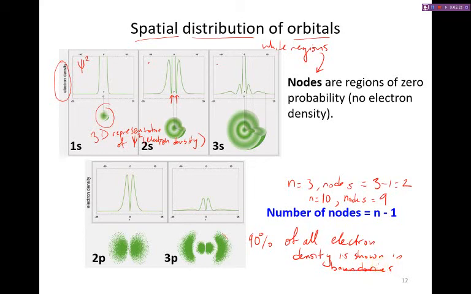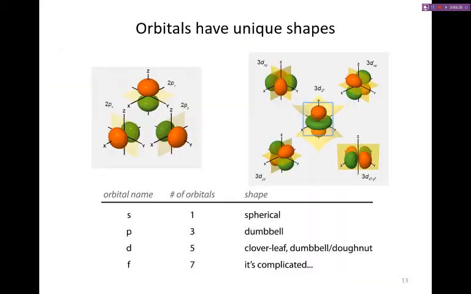Let's take another look at the different orbitals. So we see here we've got the sphere shape for the s-type orbitals, whether it's 1s, 2s, 3s, 4s, etc. The p orbitals have more of a dumbbell-shaped look to them. This is another way that we've represented it. Again, this is showing our 90% of all electron density. We cut off a boundary somewhere.